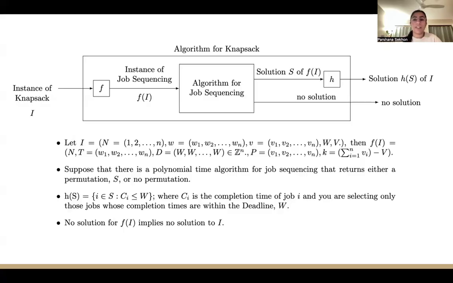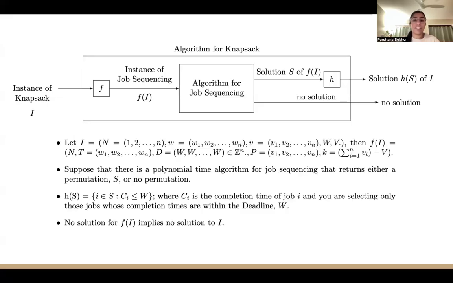Taking this instance of knapsack, we're going to convert it into a valid input of job sequencing. So we're going to treat our items as one-to-one with our jobs. So n jobs, n items. We're going to have our execution time be the set of the weights, lowercase w.